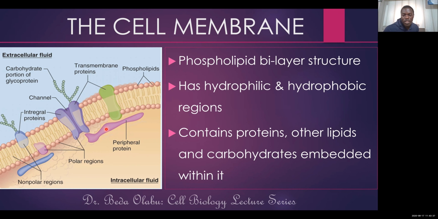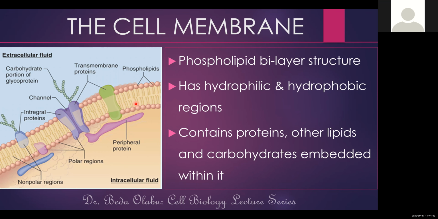Functionally, the proteins of the cell membrane fall under 5 or 6 classes. You can have a class which you are calling structural proteins. It means that they contribute to the structural integrity of the cell membrane. You can have what we call receptor proteins.